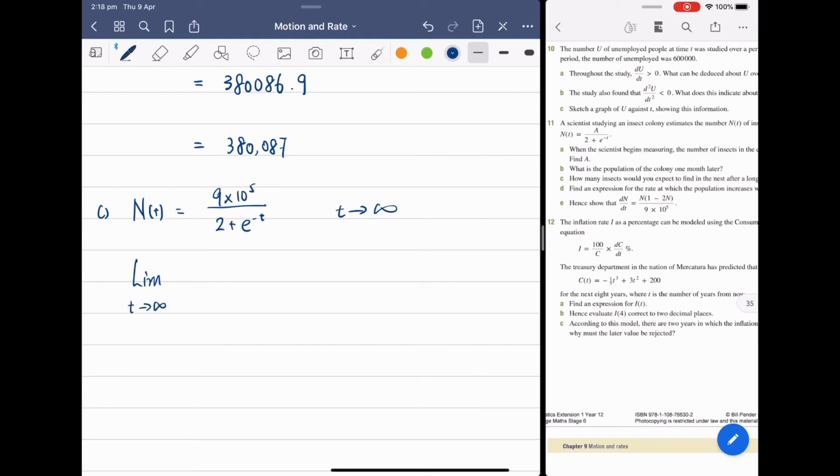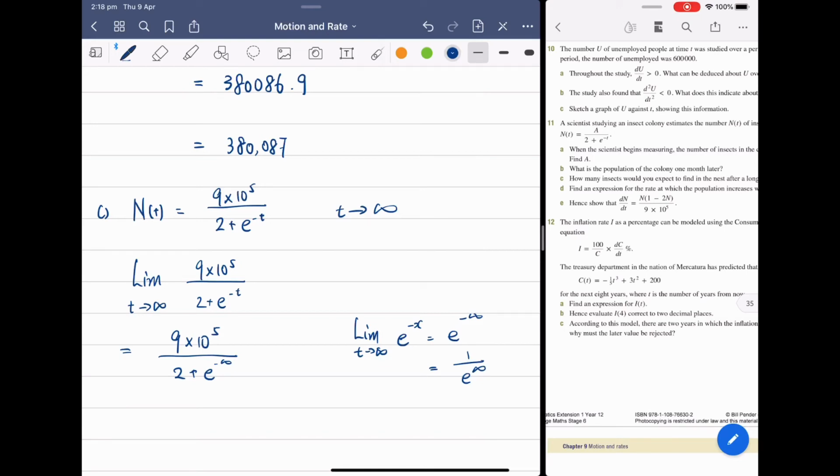The limit as t approaches infinity of 9 times 10 to the power of 5 over 2 plus e to the power of minus t. Then you can do a substitution. That becomes 9 times 10 to the power of 5 over 2 plus e to the power of negative infinity. Now, as t approaches positive infinity, e to the power of negative t is equal to e to the power of negative infinity, which is equal to 1 over e to the power of infinity.